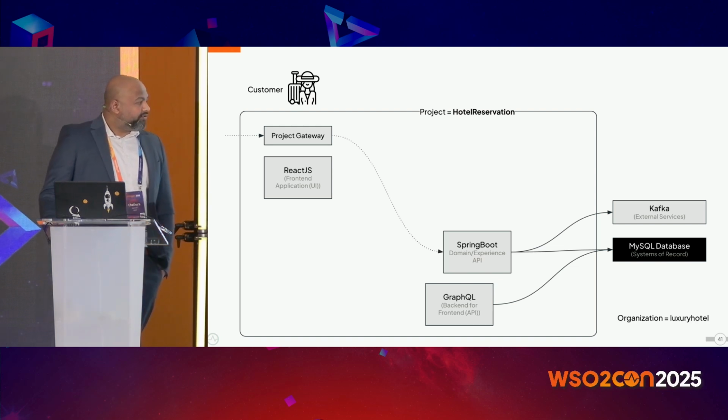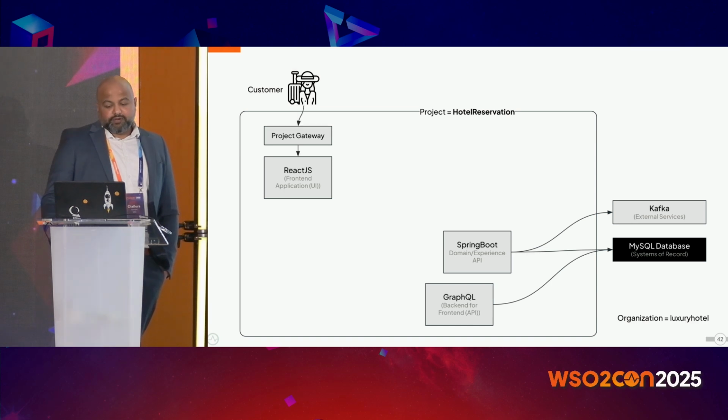This will also be talking to the same MySQL database in order to create, read, update, and delete operations. And when a booking or reservation is made by a customer, the Spring Boot service will send a notification or message to a Kafka broker where it persists this notification message as well.